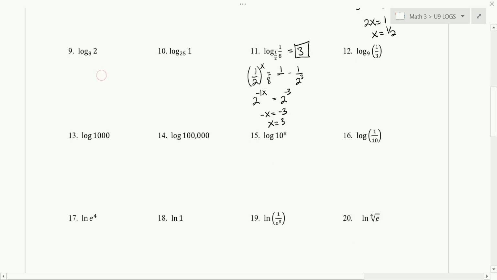Number 14 is asking the question, well, invisible base here is 10, so 10 to what power is 100,000? 100,000 has 5 zeros, so that's 10 to the 5th power, and so we get 5 as an answer.